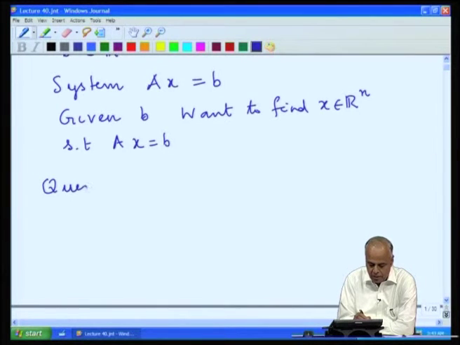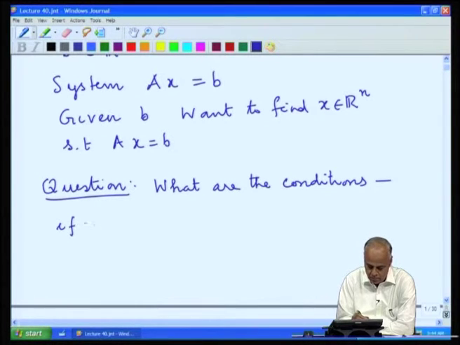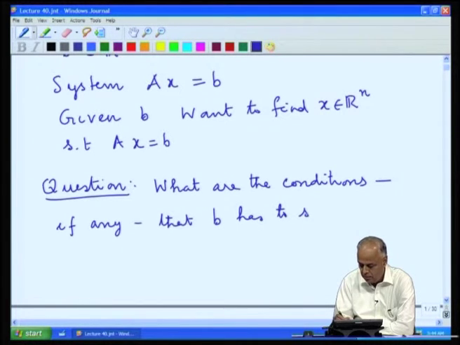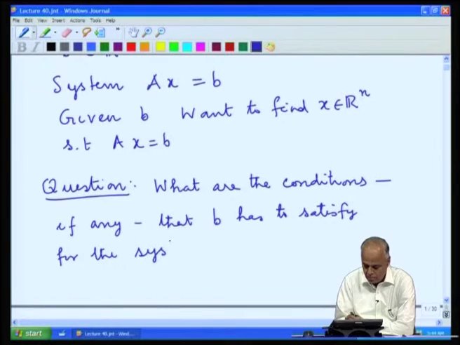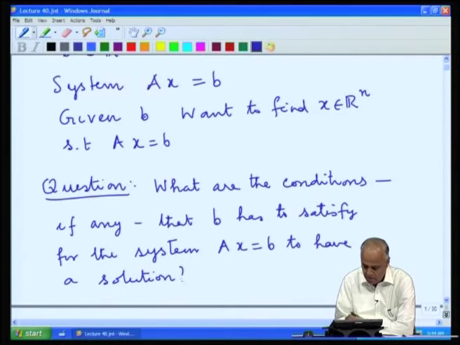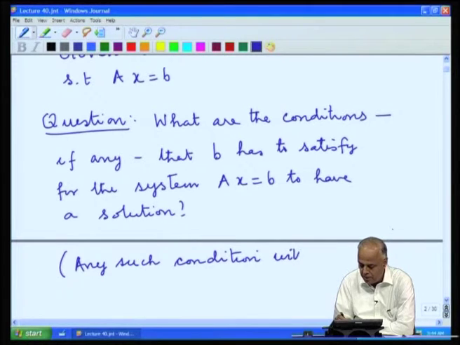So, the question that we raised was what is the condition, if any, that B has to satisfy for the system Ax = B to have a solution, and any such condition will be called a consistency condition.